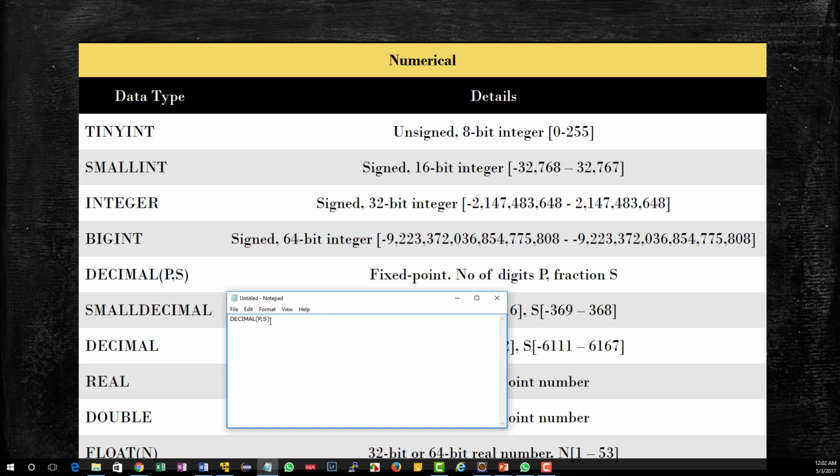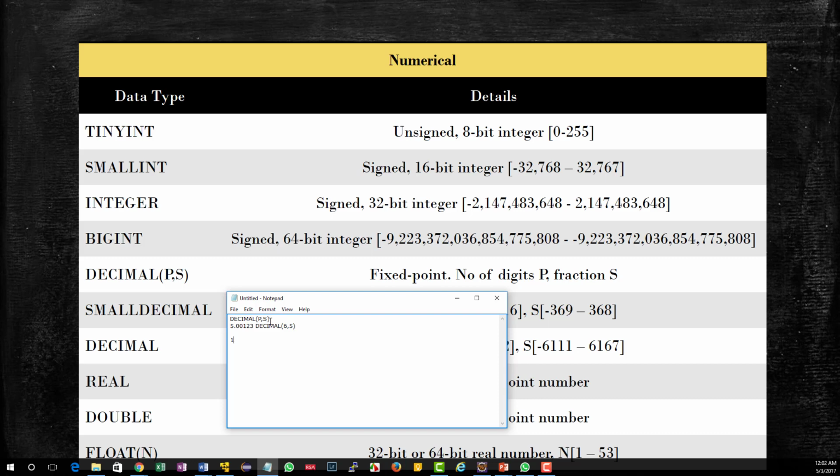For example, if I have a number 5.00123, then the total length of the number is 6, so it is decimal 6 and the fraction value is 5. So if you define a column of the table as decimal 6 comma 5, then it will store 5.00123.